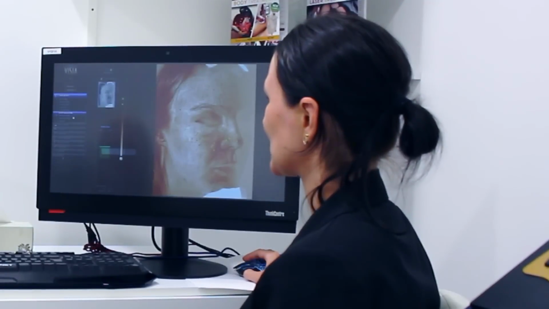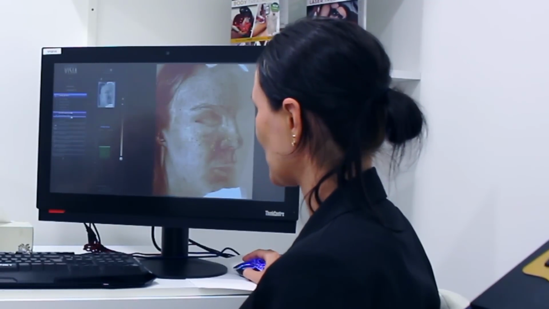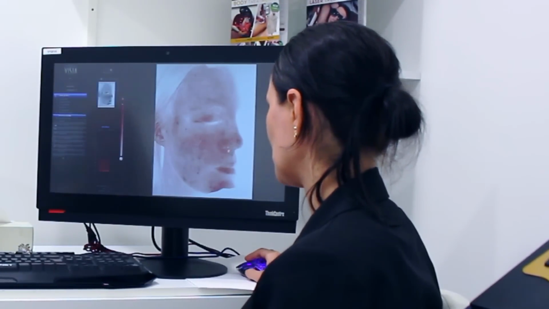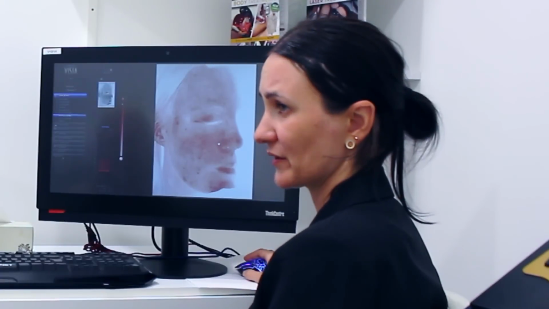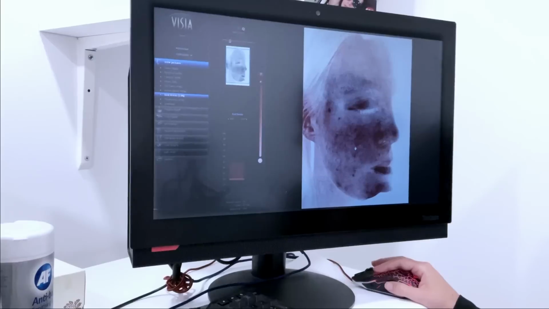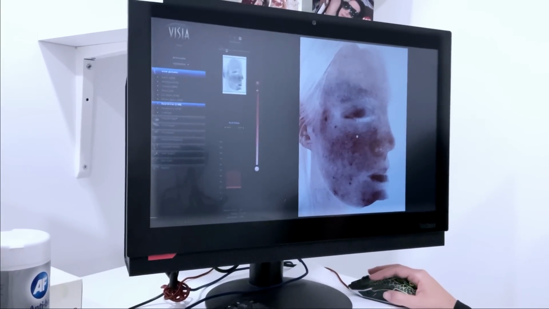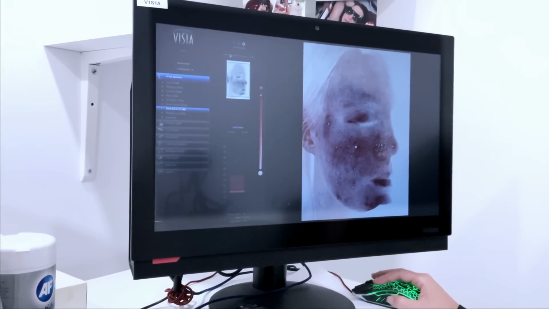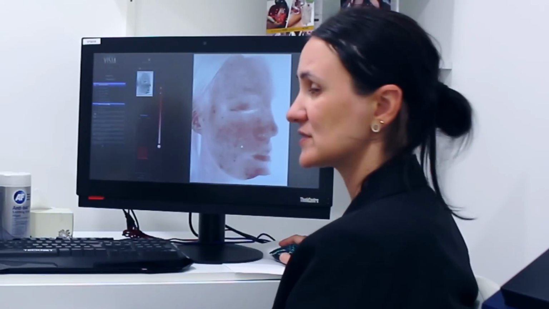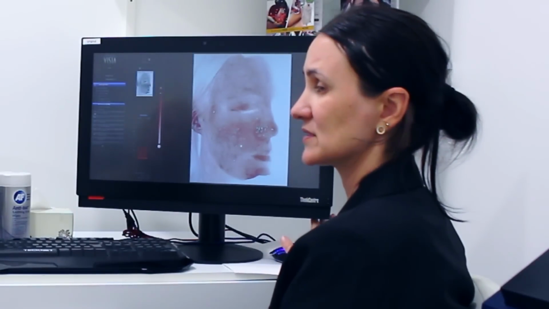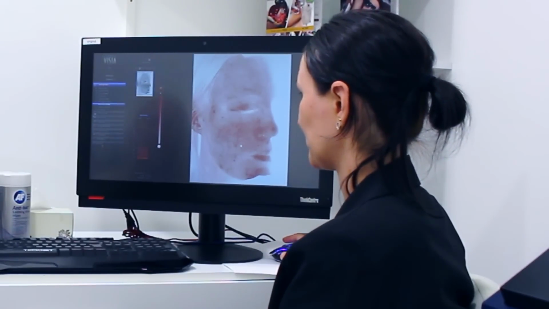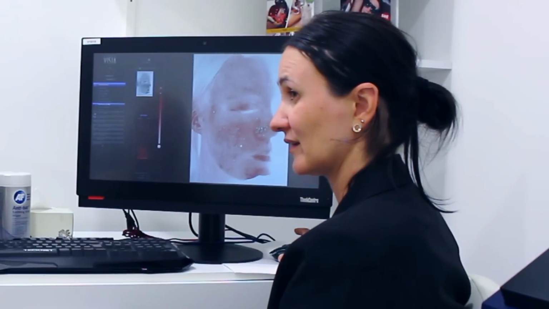Okay. Next thing we have is sensitivity. Sensitivity is a little bit more around the nose area, which is very normal. Broken capillaries, I can see your skin is quite fragile, so the sensitivity is quite visible here. Nothing crazy. However, I would avoid certain things like heat, hot baths, hot showers.